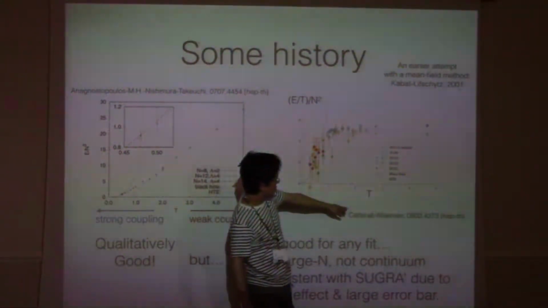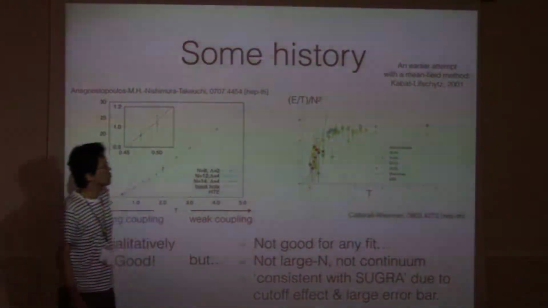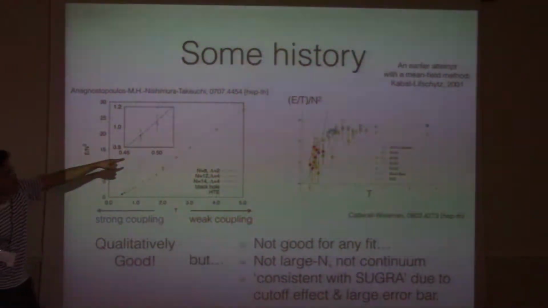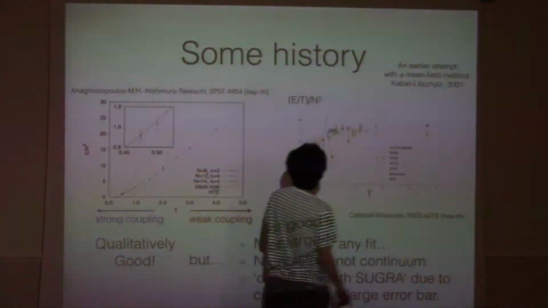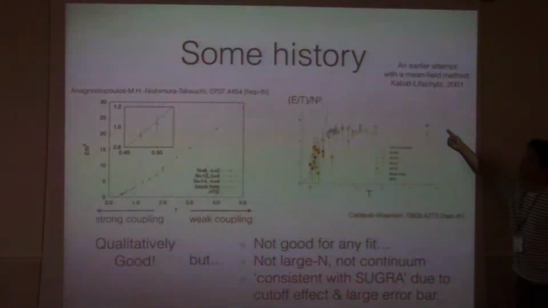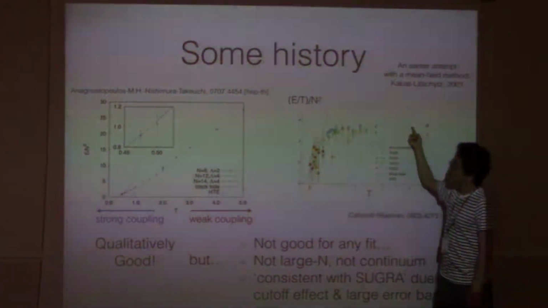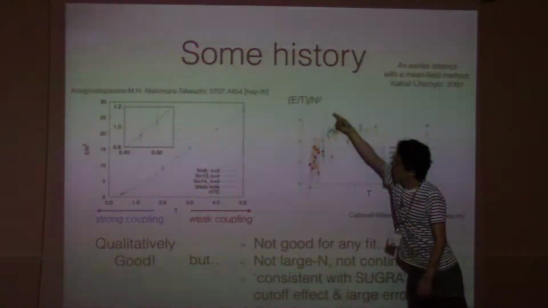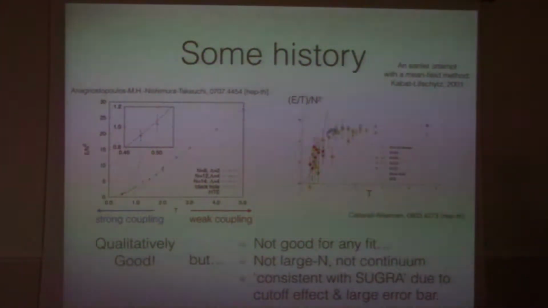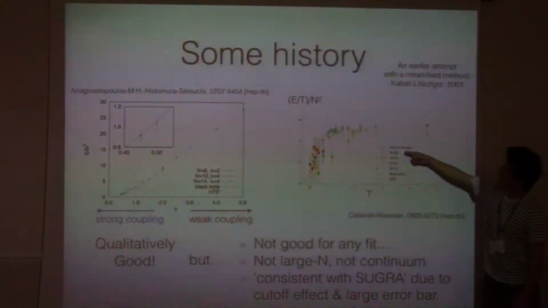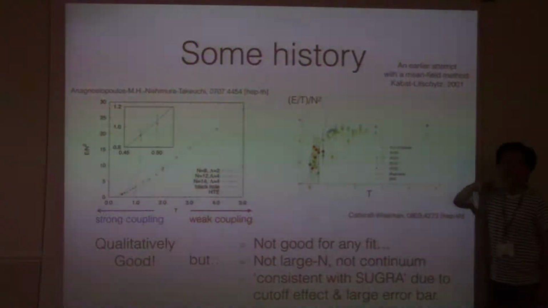And a few, like 8 months later, Catterall and Wiseman did a similar simulation using a lattice. In their plot, they plotted the energy divided by temperature. At high temperature, it should go to a constant value, which is 6. And they could see that it starts at 6 and gradually comes down and comes close to this black hole result. Here they show two different symbols.